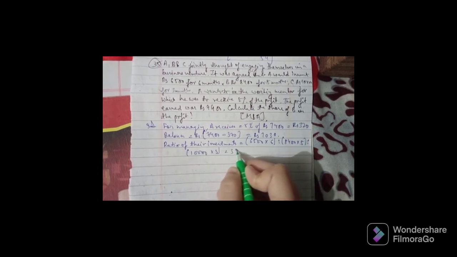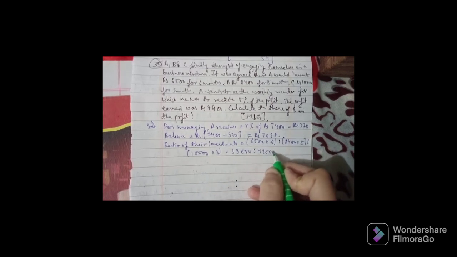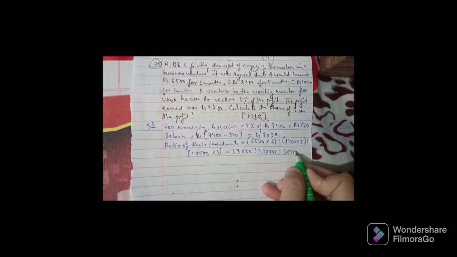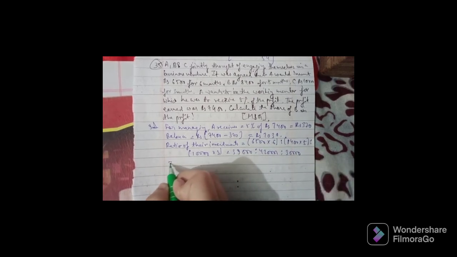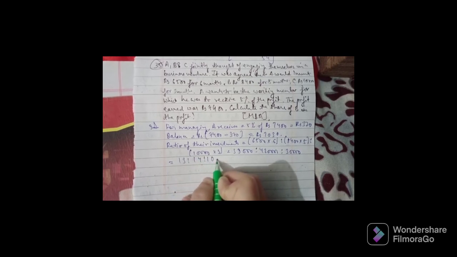So we'll get 39,000, multiplying ratio 42,000, ratio 30,000. So it will become 13 ratio 14 ratio 10.